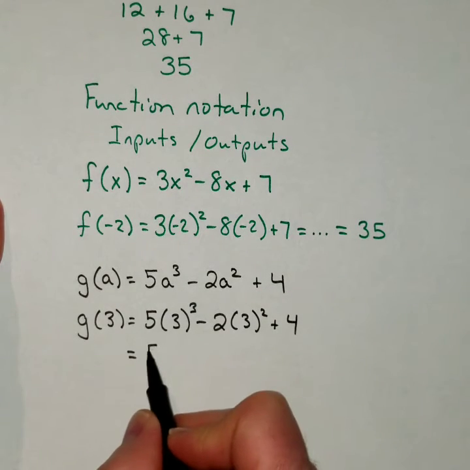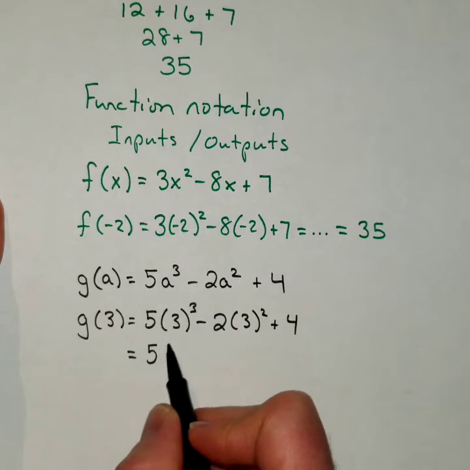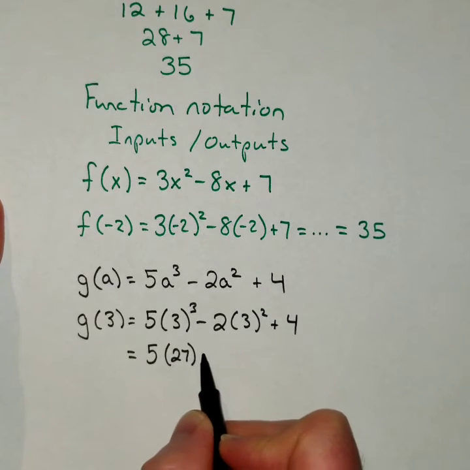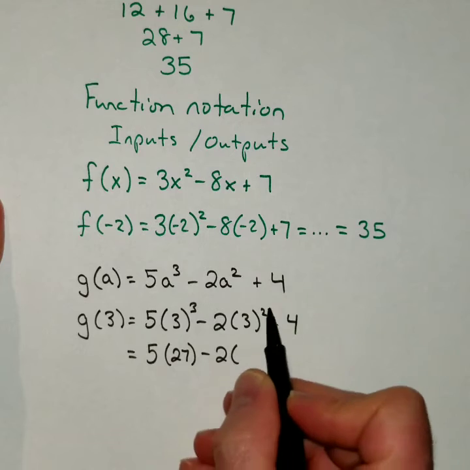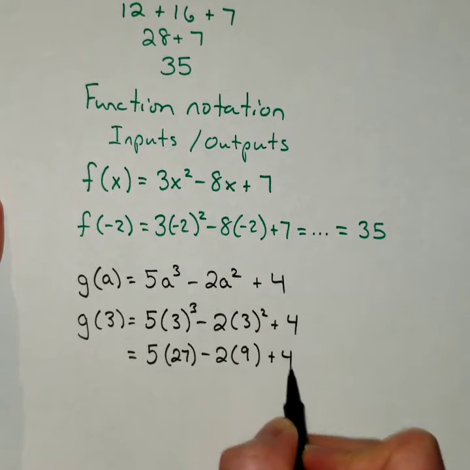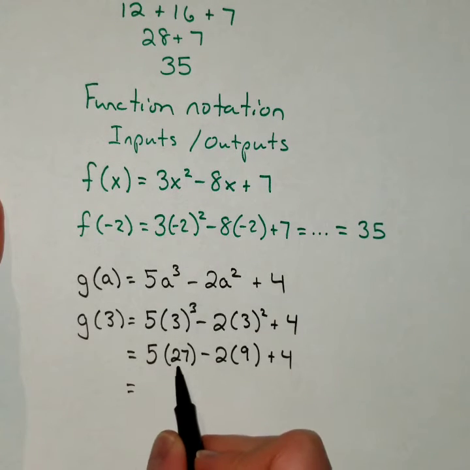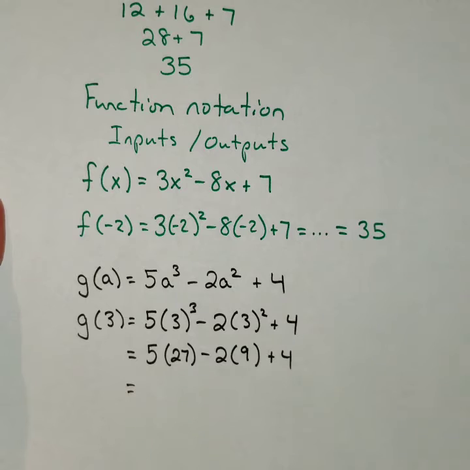Just simplify this. So 3 to the third is 27. 3 squared is 9. 5 times 27 is 135, I believe. Just double checking that.